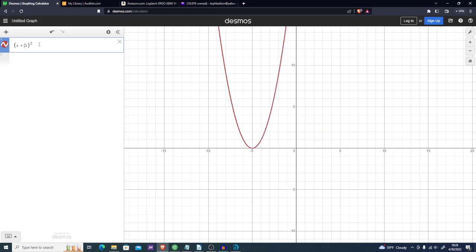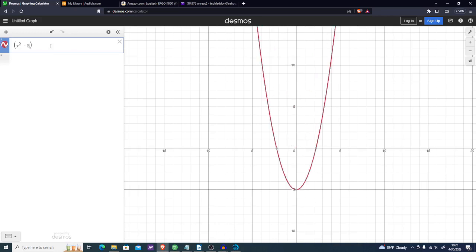And if I want to move it up and down, of course, you square the x, get rid of this and that. X plus 5 goes up, x minus 5 goes down. We're only concerned with left and right because that's what I'm dealing with.